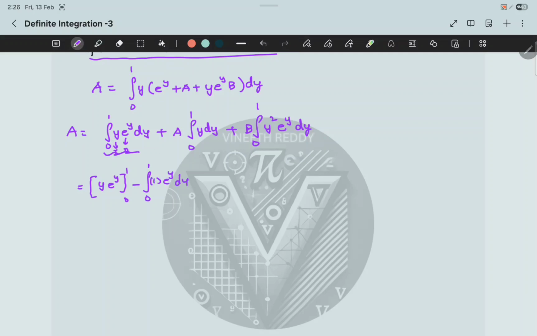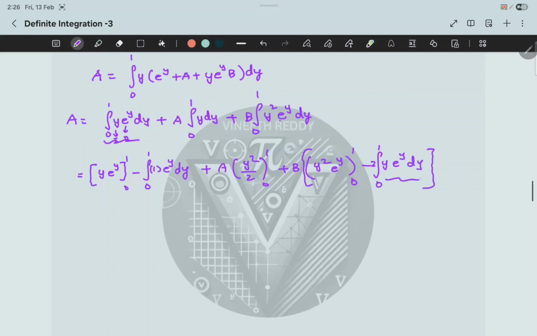So this is from 0 to 1. Hope you understood this. And here we get integral of y is y square divided by 2, 0 to 1, plus b times. We are applying by parts here, dear students. So again, y square into integral of e power y is e power y, limits from 0 to 1, minus integral of derivative of y square, which is 2y e power y dy. So 0 to 1, right?